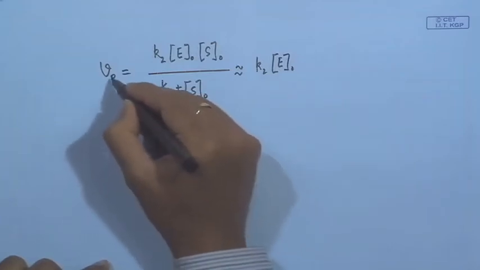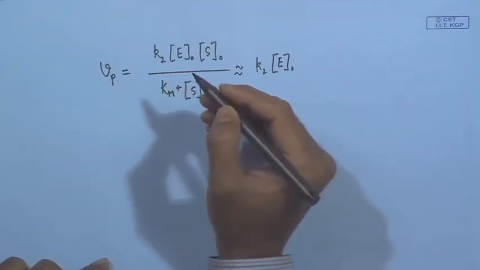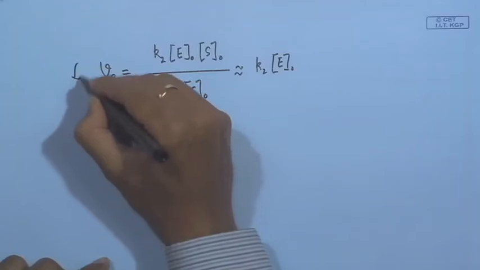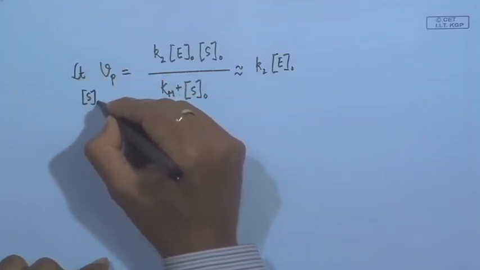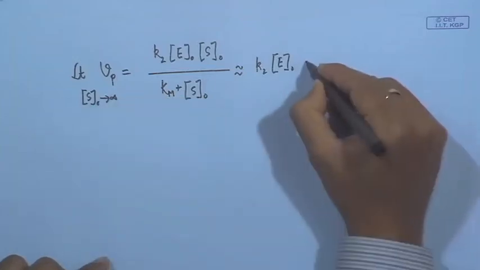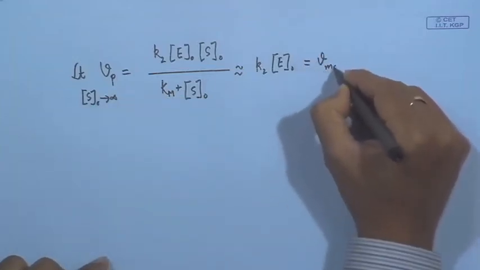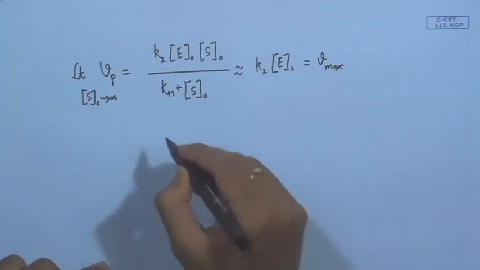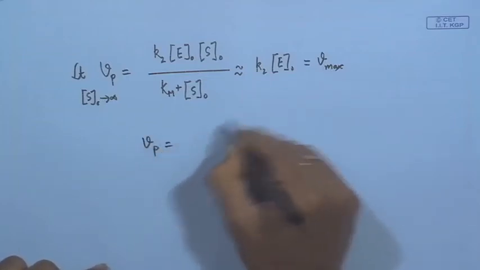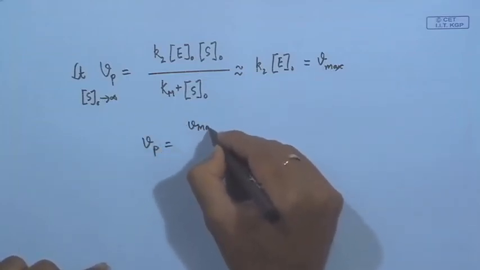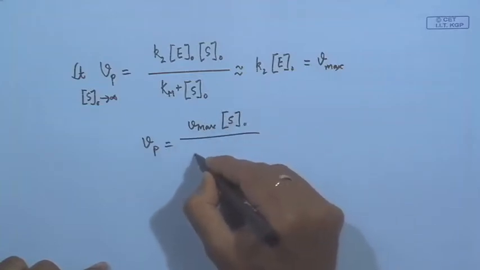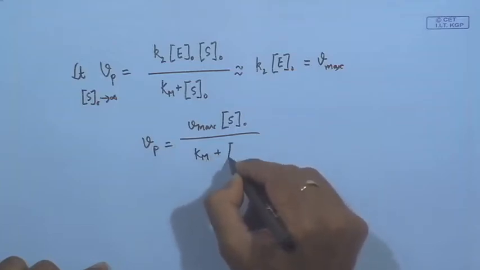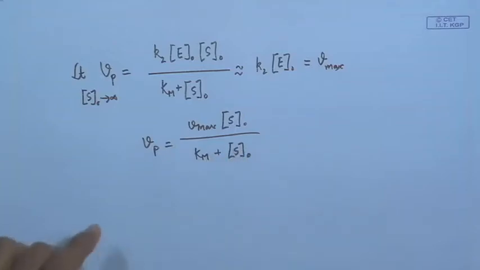In that case, this Vp will be called V max. Okay. So, when the limit of concentration is infinity, that is given the name V max. So, if you write this, Vp is equal to V max S0 divided by Km plus S0. So, in terms of V max, it is like this.